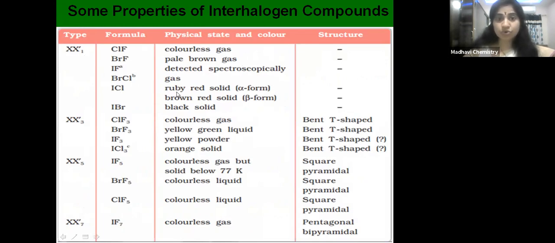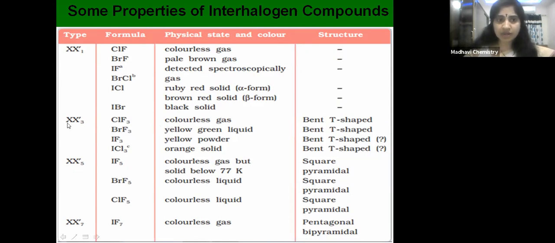ICl in alpha form is a ruby red solid, but beta form is a brown red solid, and IBr is a black solid. Next, coming to XX'3 type: ClF3, BrF3, IF3, ICl3. ClF3 is a colorless gas.